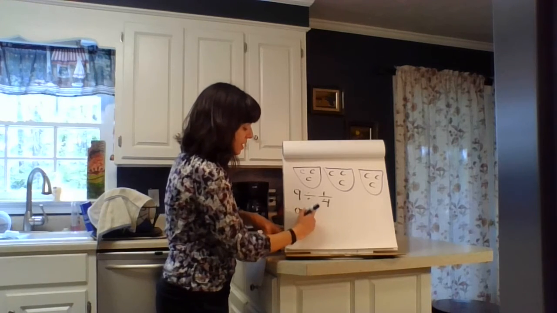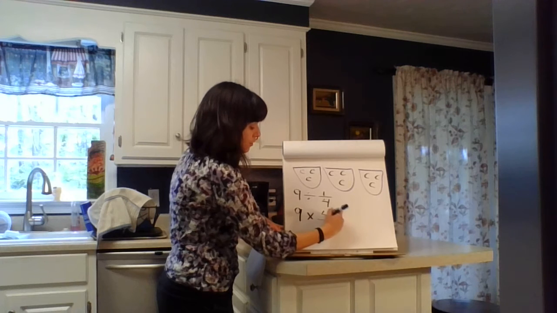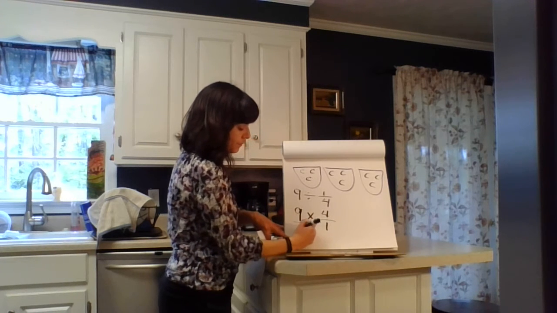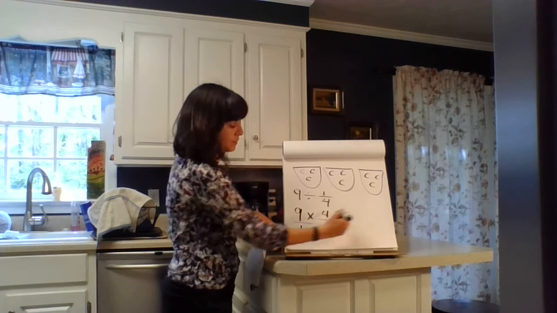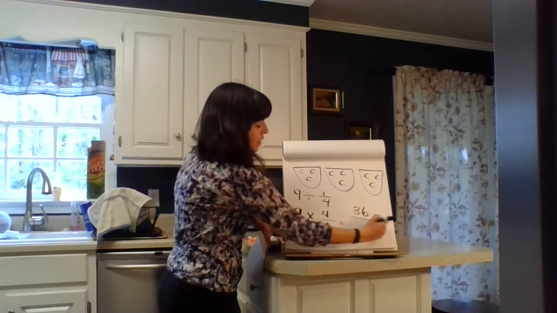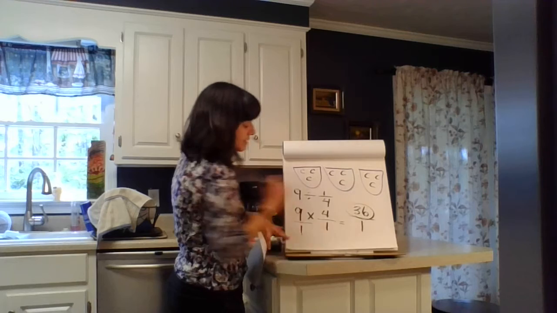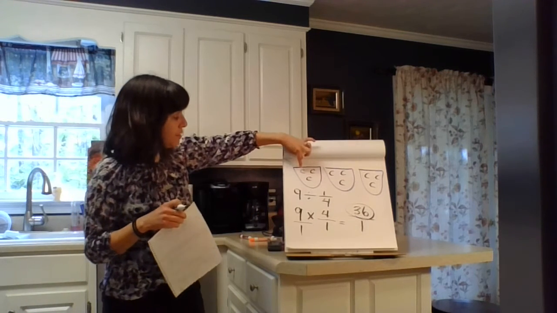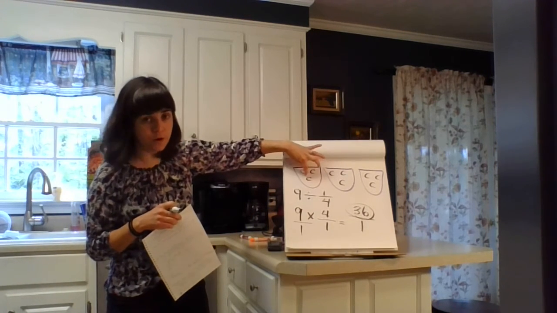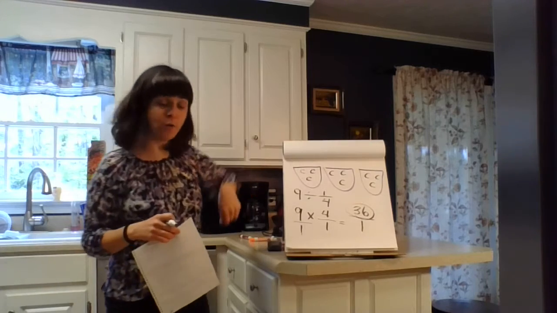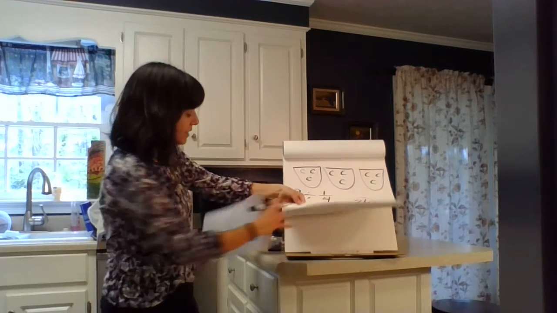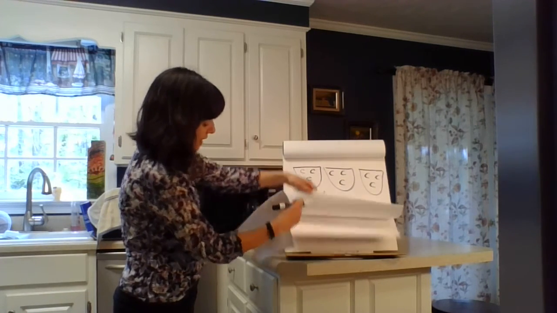And then if I use keep, change, flip, 9 times 4 is 36, and 1 times 1 is 1, but 36 divided by 1 is just 36. Okay, it should be the same thing if you said 4 plus 4 plus 4, and then multiplied or added that. Last one, number 2 for Thursday.